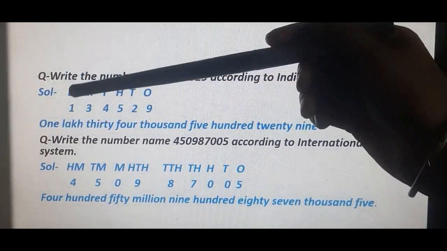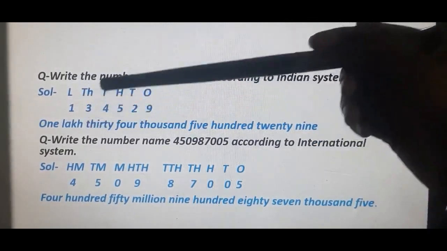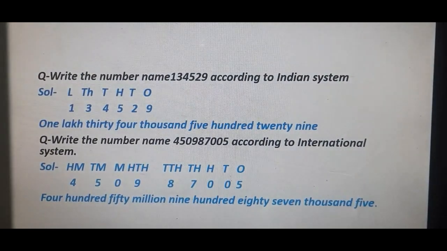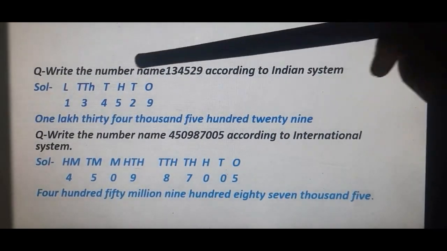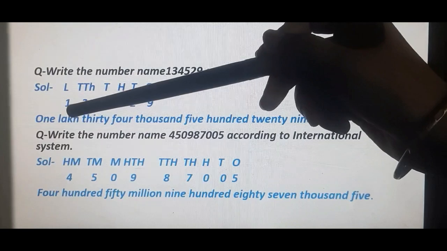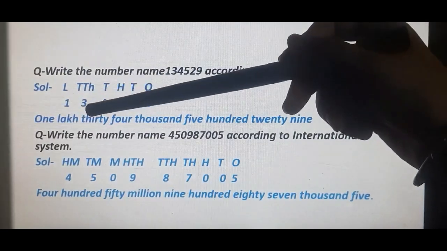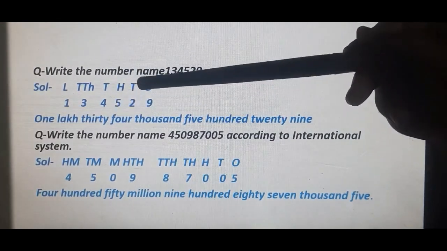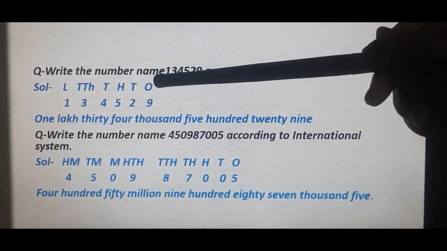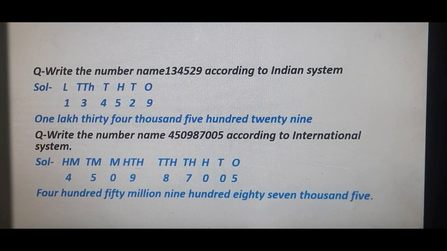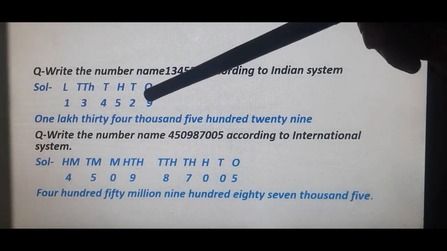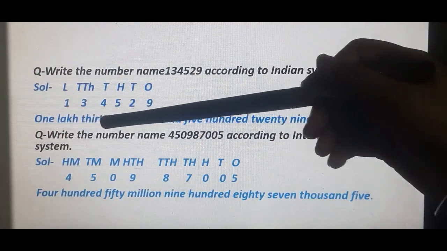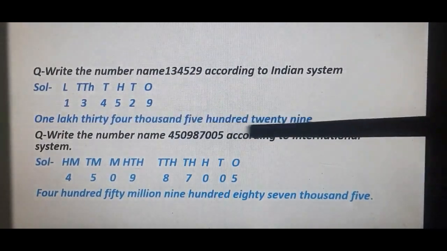See, below lakh there is 1, below 10,000 there is 3, below 1000 there is 4, below 100 there is 5, below tens there is 2 and below ones there is 9. Now read this number: 1,34,529.